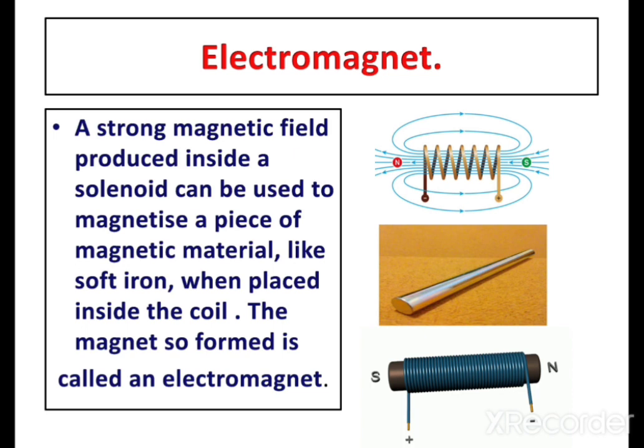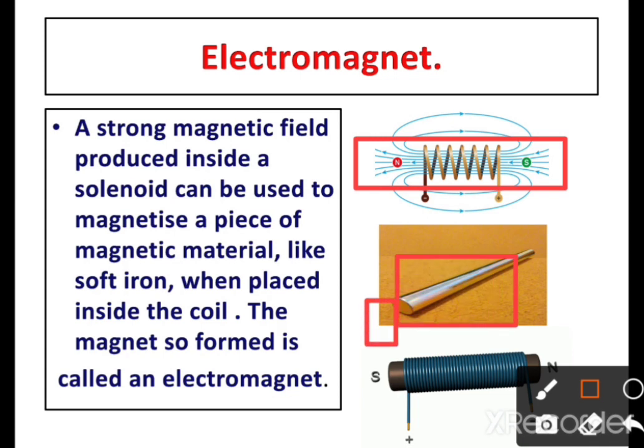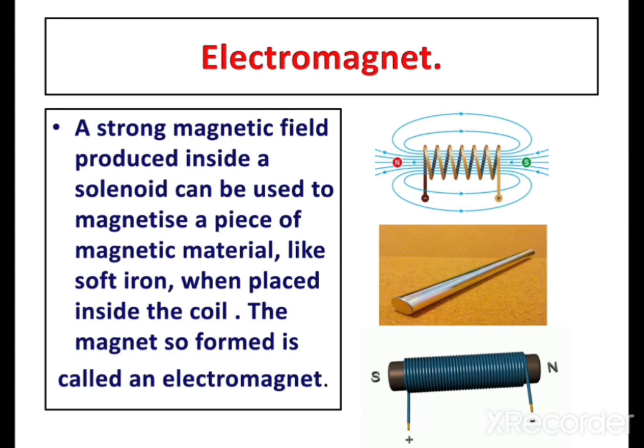Do you understand? You clearly know that inside of the solenoid, the magnetic field strength is the same at all points and also uniform. When we insert the soft iron into the solenoid, the soft iron material is converted into a magnet. Such a magnet is called an electromagnet.